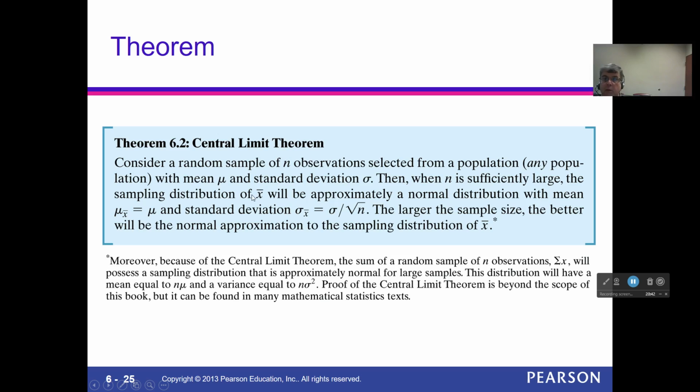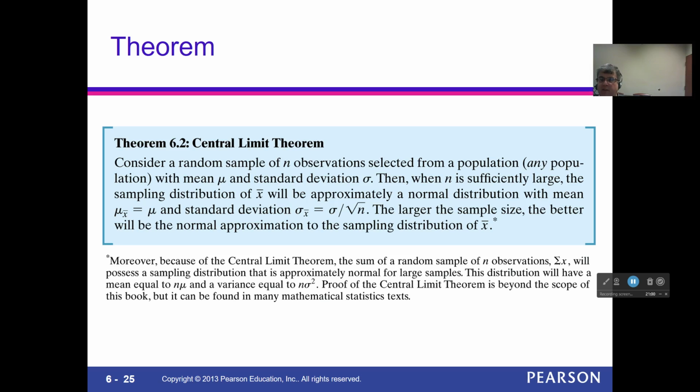Theorem 6.2 is something called the central limit theorem. Consider a random sample of n observations selected from a population with a mean of mu and a standard deviation of sigma.